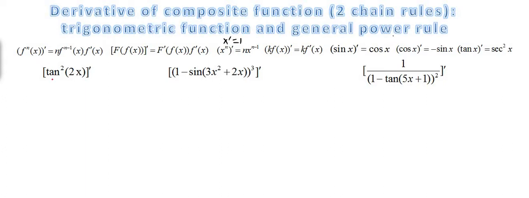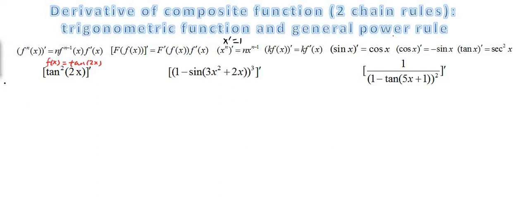For the first example, tangent of 2x squared, we can tell what is f(x). That is tangent of 2x. So it should be capital f(x) squared. We're gonna follow this general power rule.